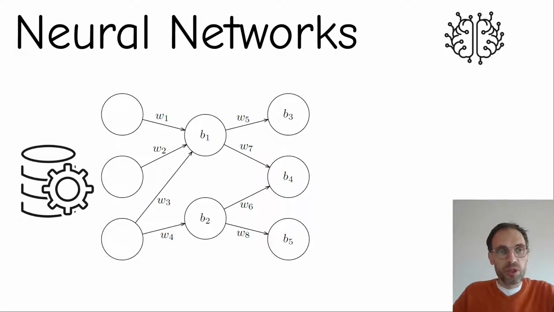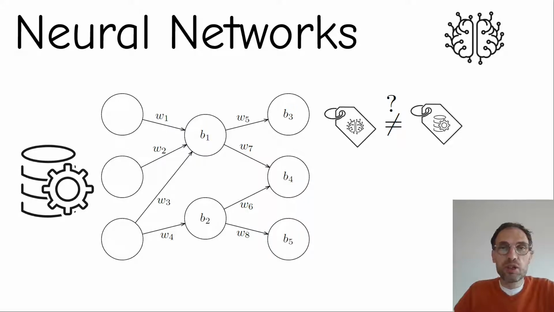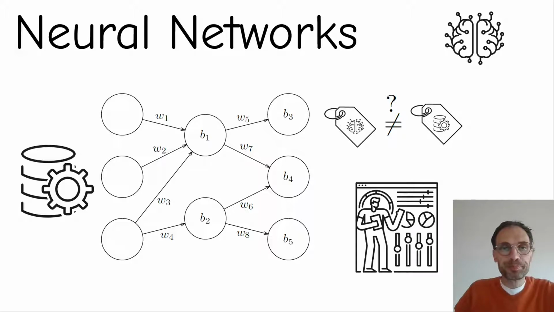We have these input layers, we put in the data, and then we do some processing where this data goes through the graph, and the neural network gives us some output, which we could usually think of as an output label. And usually what we do in training neural networks is we compare it to a label that we already know from the data, and we want those two to be the same. In that way, we manipulate these weights and biases inside the neural network. So that's a very rough summary of what neural networks are.